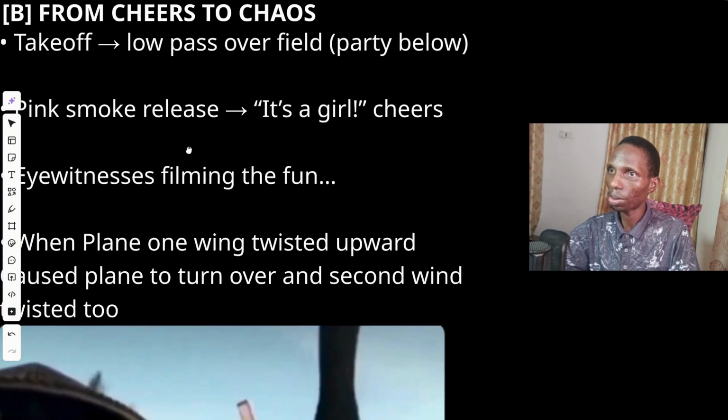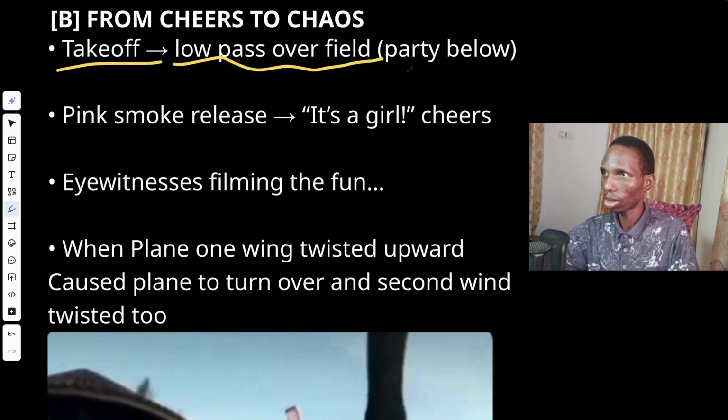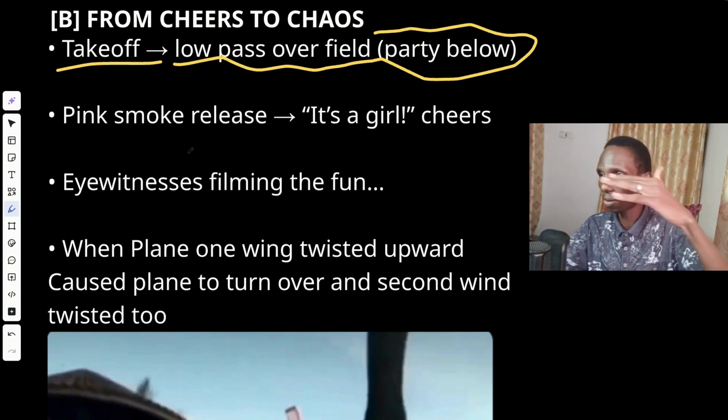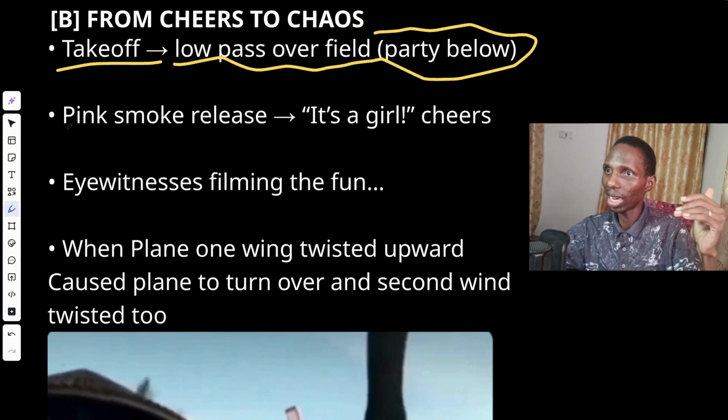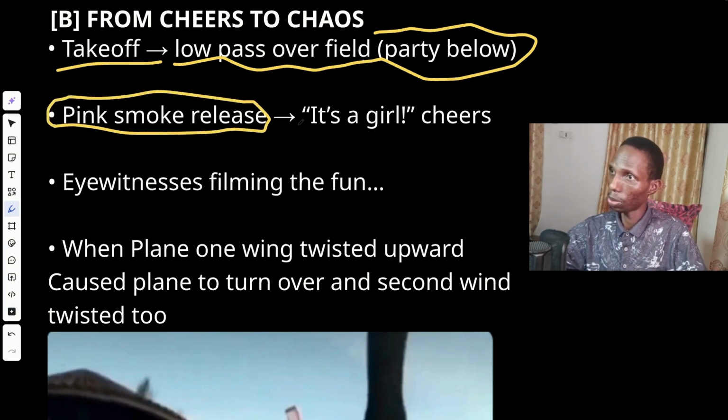So from cheers to shouts, what are those things that went on? When the plane took off, it made a low pass over the party below, with people underneath, and then flying over, it released pink smoke, which shows that the gender of the baby being revealed is a girl.